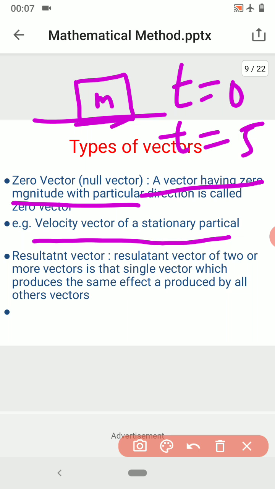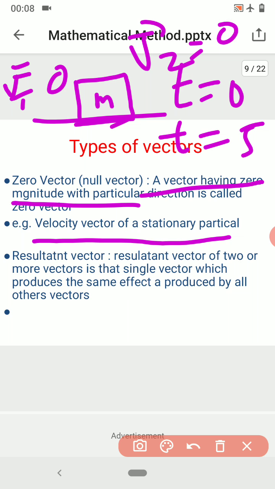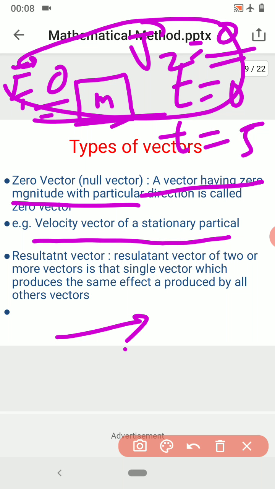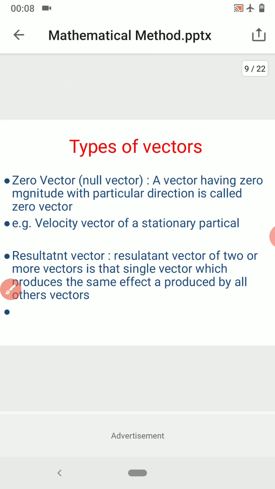That means it is at rest. That means the initial velocity of the particle is 0, so vector v1 is equal to 0 and vector v2 is equal to 0. Now the magnitude of the vector may be 0, but it had some specific direction. So you can say that the zero vector has a zero magnitude but had some specific direction.